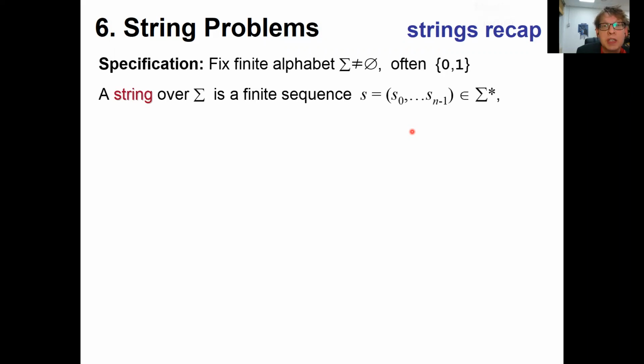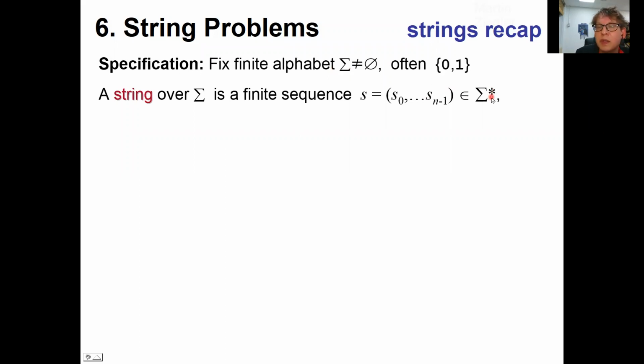Now, a string over this alphabet is defined to be a finite sequence, again, finite sequence of elements from that alphabet. And we use star to denote that this is an arbitrary but finite Cartesian product of this alphabet.